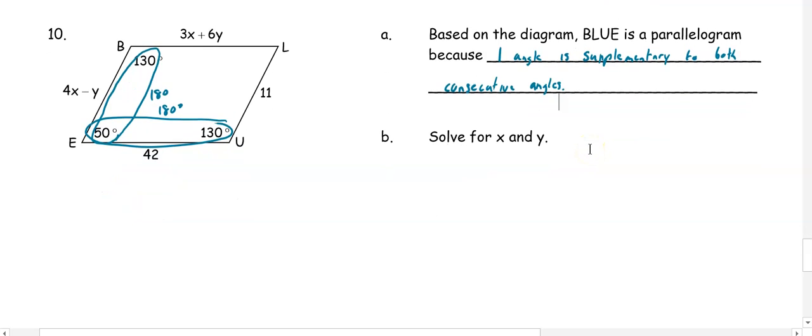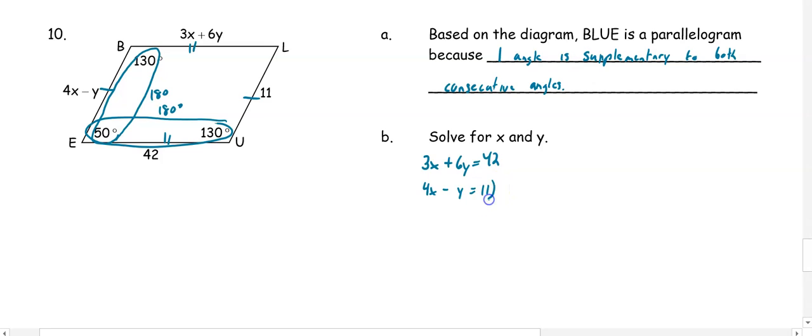So we know our opposite sides are congruent. So we have 3x plus 6y is equal to 42, and 4x minus y is equal to 11. So we know this is a system because we have x and y's in both equations.